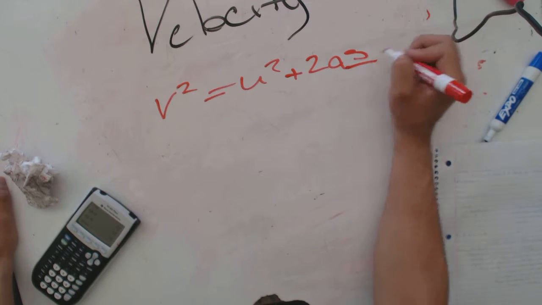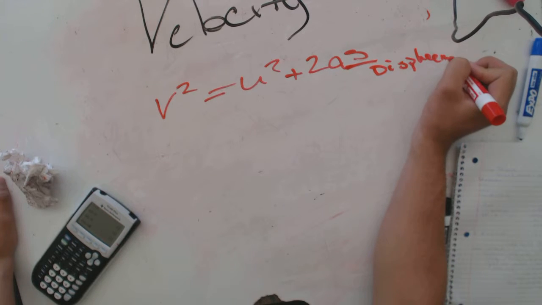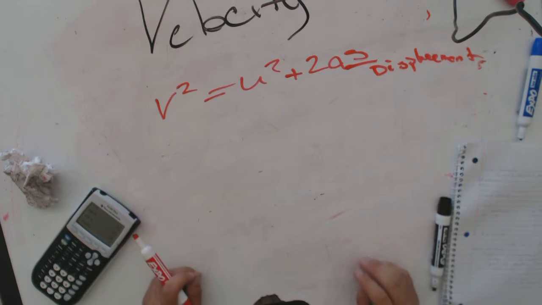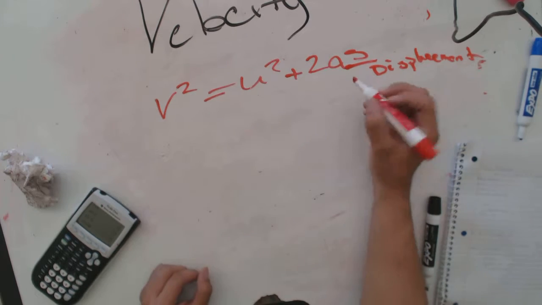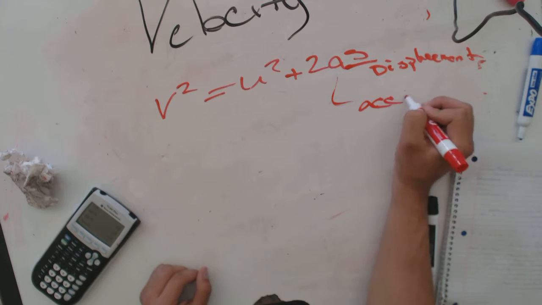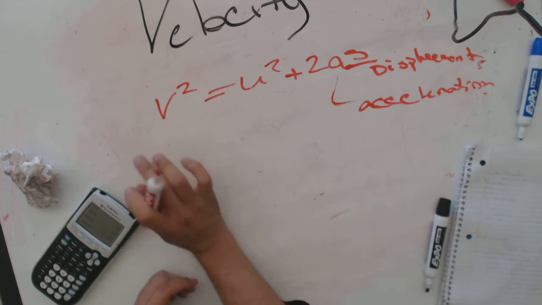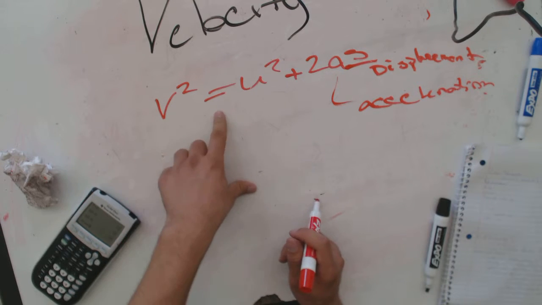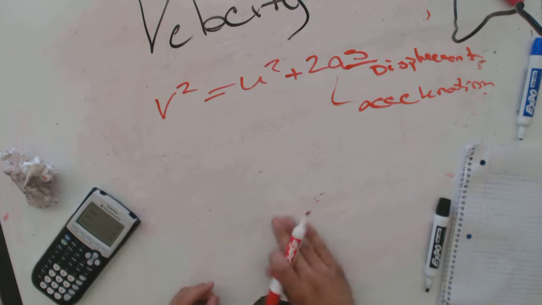Like we just said, S is displacement, and A is acceleration. So final velocity squared equals initial velocity squared plus 2 times acceleration times displacement.